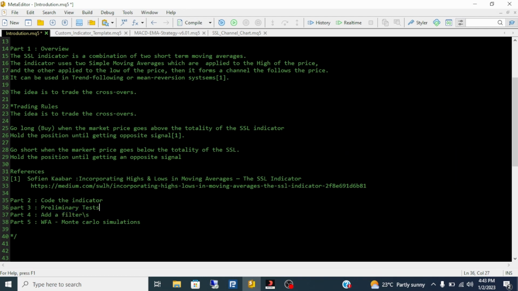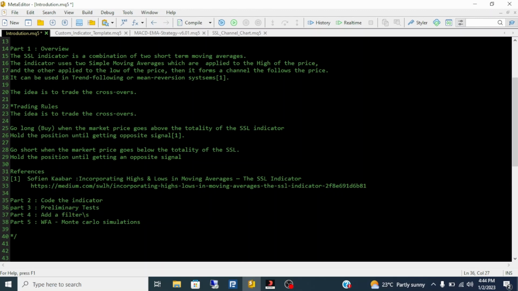And then in the other video, when we finish coding here, we do some tests, maybe in-sample and out-of-sample tests, and then we add our filters. Here we need to collect the results so we can compare them with other indicators that we'll be coding and testing.